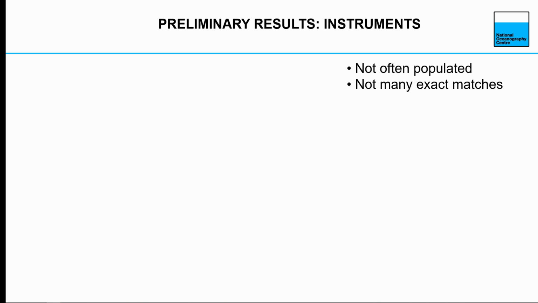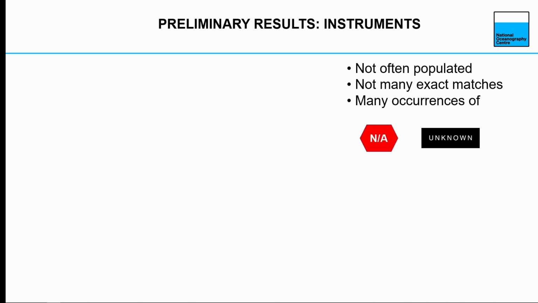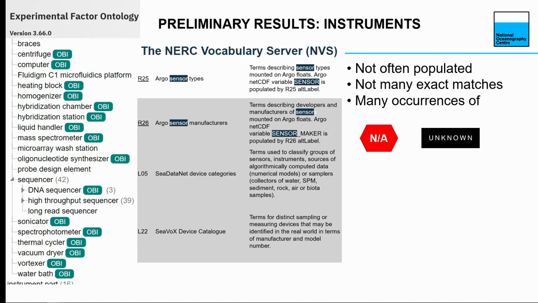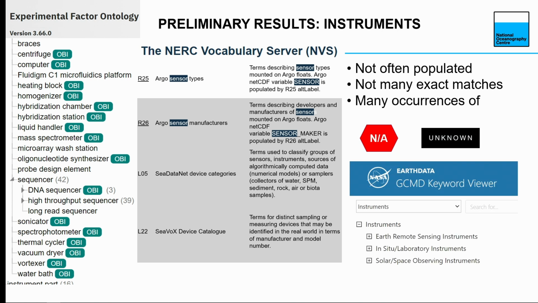We didn't find many exact matches, but we found many occurrences of not applicable and unknown. Wherever we found matches, they were coming from 3 different sources. One was the Experimental Factor Ontology, the NERC vocabulary server with several controlled vocabularies, and the GCMD instruments vocabulary.